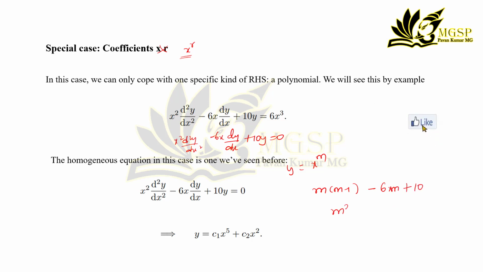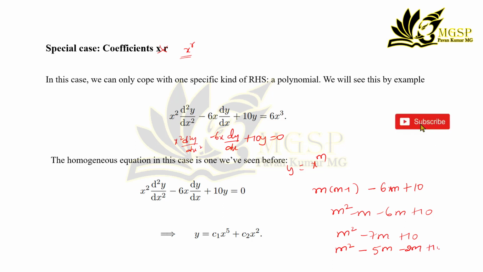So this will be m square minus m minus 6m plus 10, so m square minus 7m plus 10. Since 5 twos are 10, m square minus 5m minus 2m plus 10. When you solve this, you get the roots m1 equal to 5 and m2 equal to 2.